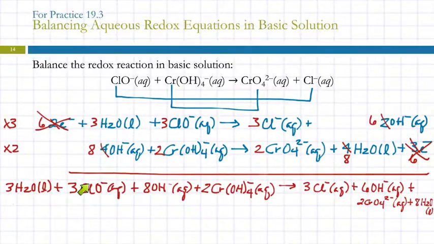I've got water molecules on both sides. So this is like, I've got 3y plus 8x is equal to 6x plus, wait a minute. I didn't want to be way over there in the corner. I was trying to be in the middle.